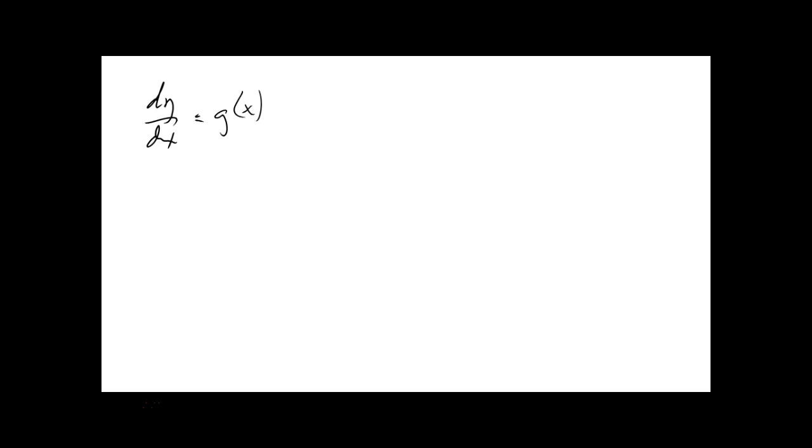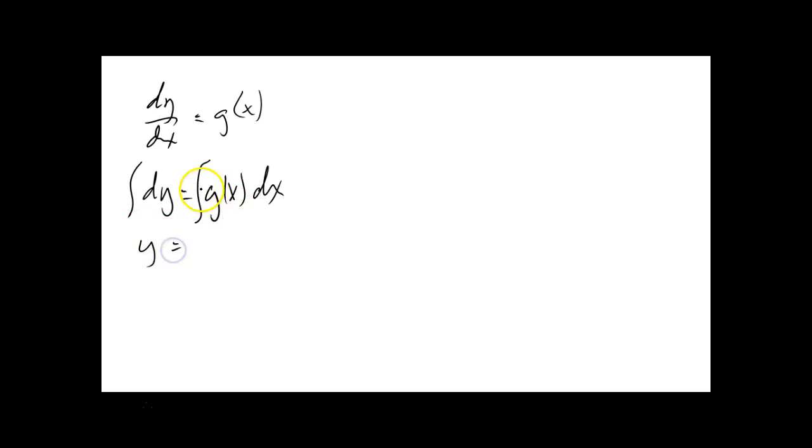this is typically how they do it, okay? A pure mathematician would say, write this in differential form. And that would be this. dy is equal to g of x dx. Okay? And then we'd say integrate both sides. Well, the integral of dy would be y.